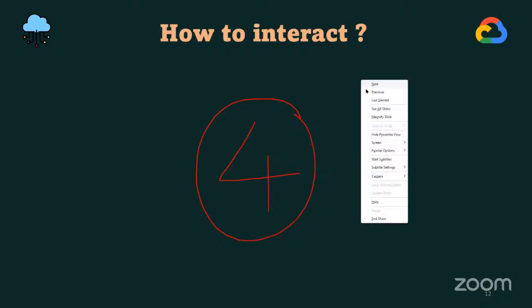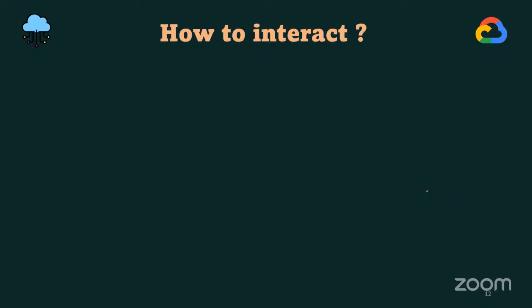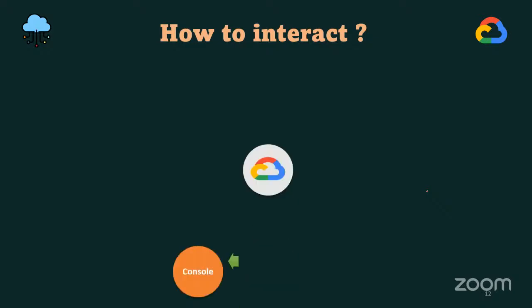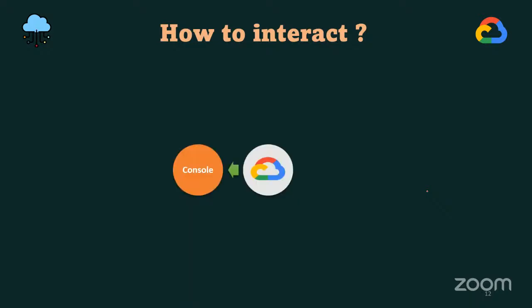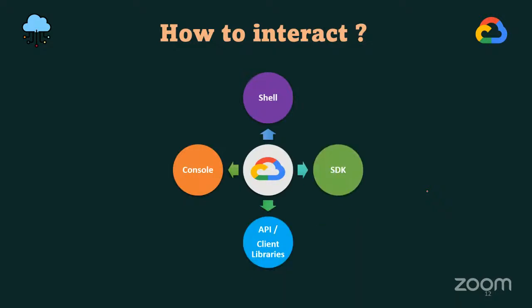The very first method is console. The next one is Cloud Shell. The third one is Cloud SDK. The fourth one is APIs and third-party tools. So these are the four methods to interact with the GCP services mainly.